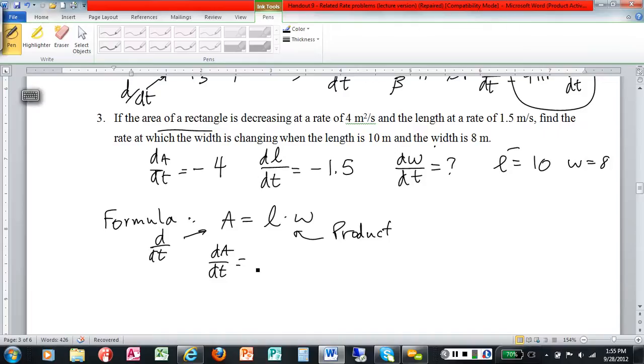To do the derivative of that product, I need to use product rule. Product rule says take the first times the derivative of the second. Well, doing the derivative with respect to t, the derivative with respect to t of W would be dW/dt. Plus the second times the derivative of the first, the d/dt of L, would be dL/dt, wouldn't it?